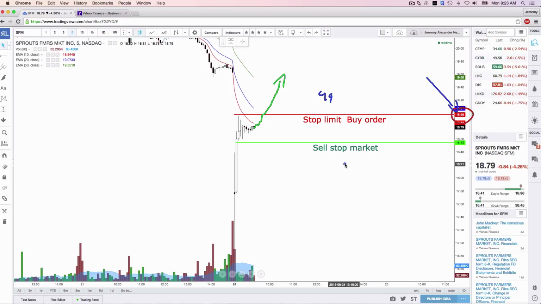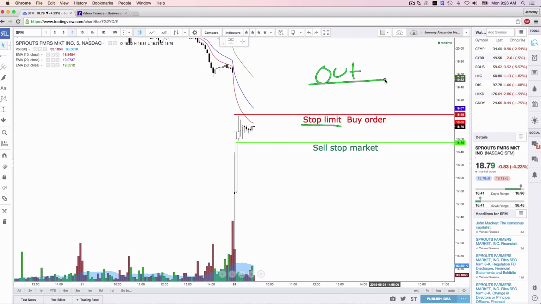That's why I don't use stop limit orders when I'm trying to get out of a trade. Because if I'm trying to get out of a trade, if I'm wrong, I do not want to be wrong and this happen. I don't want to just totally miss my stop.